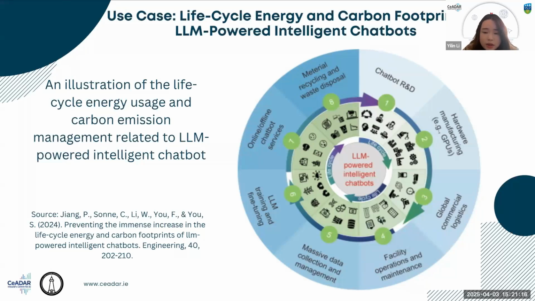So sustainability isn't just about the training, it's about the whole ecosystem of building and running AI systems. This is the kind of full-picture thinking we need to make AI deployment truly sustainable.